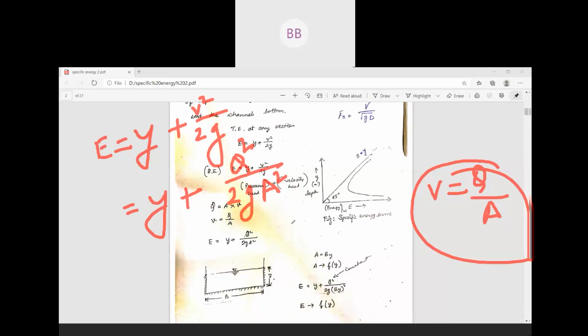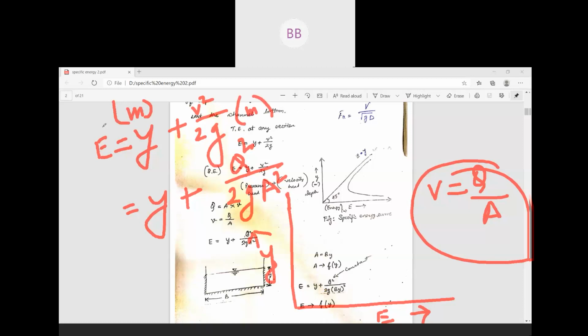Now see what we are going to do. We are going to draw a graph between energy and depth of flow y. Energy will be on the x-axis and depth of flow will be on the y-axis. We all know the unit of depth of flow is meter, and this v square by 2g unit is also meter.